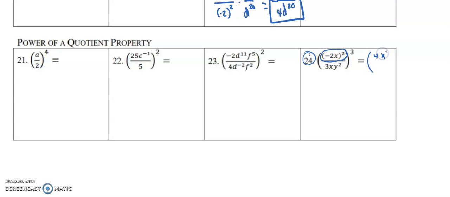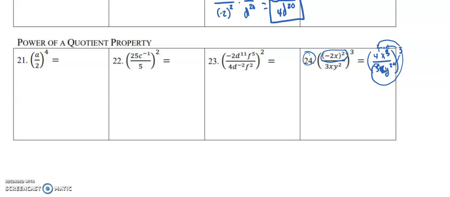X to the second is just x to the second over 3xy squared, and that whole thing to the third. Now notice I have an x squared on the top, x on the bottom. You can reduce that, and maybe I'll do that next. So this becomes x to the first. This x is gone. Now let's make sure every term has an exponent, because I need to distribute this 3 to those exponents.